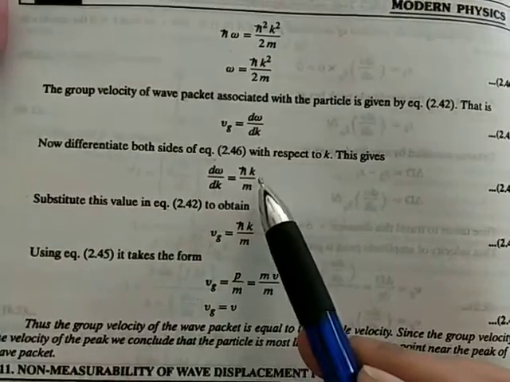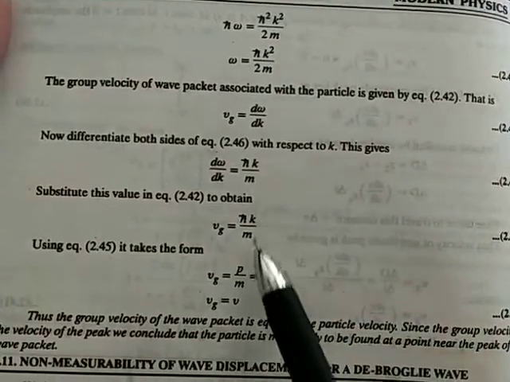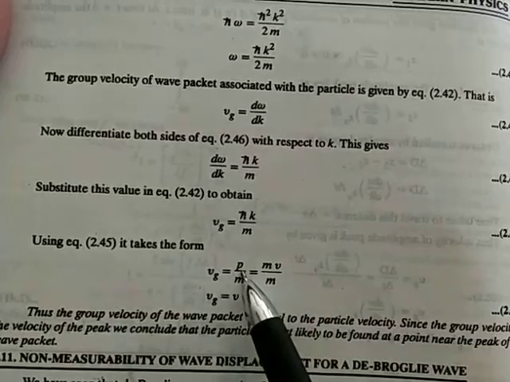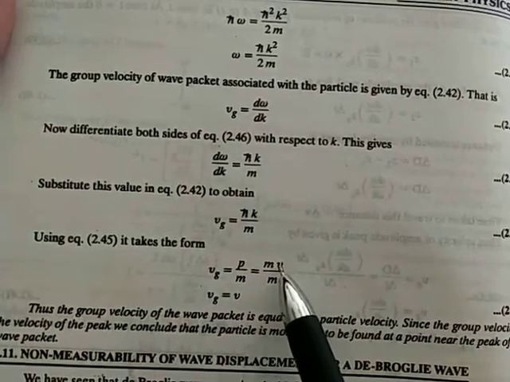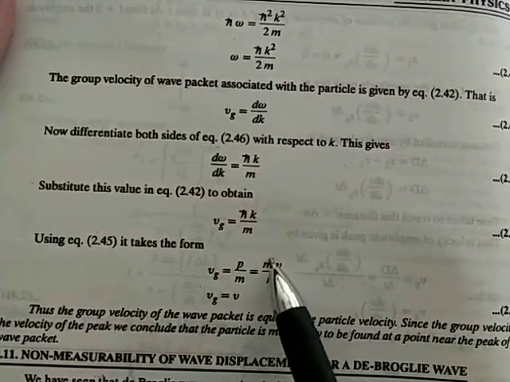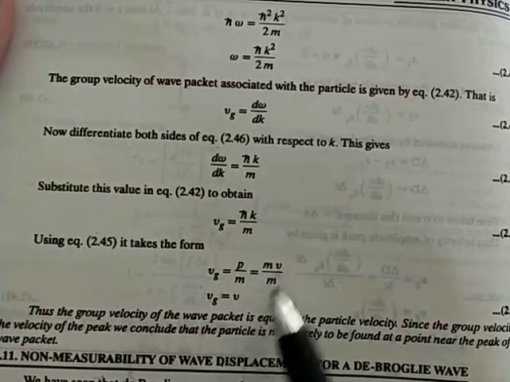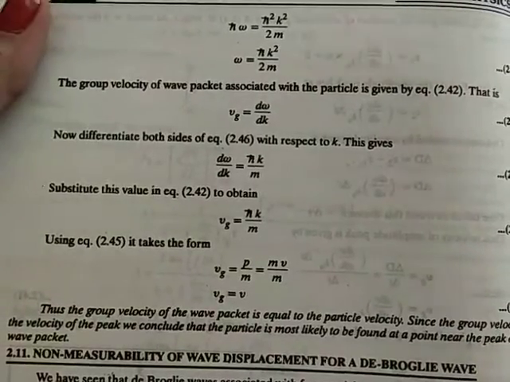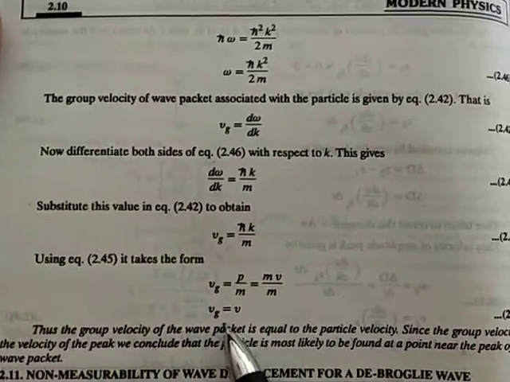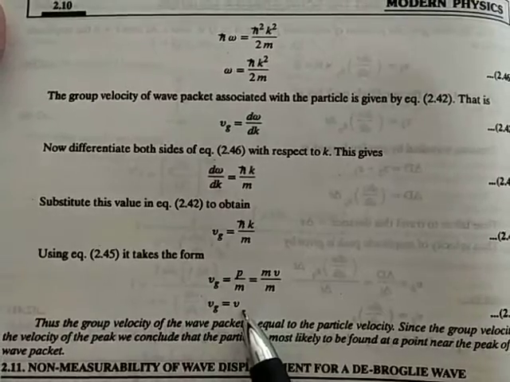If we replace h cut k by p, and further write p as m into v, then m and m cancel out, and we have vg is equal to v. What this means is that the group velocity is equal to the particle velocity.